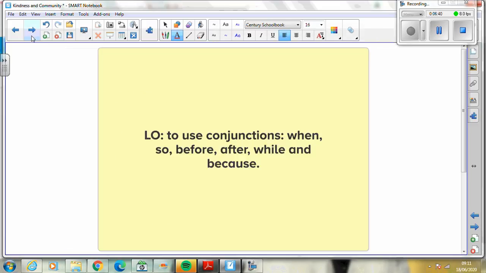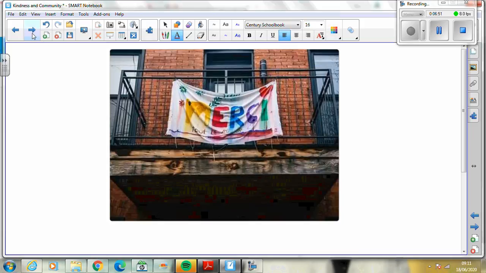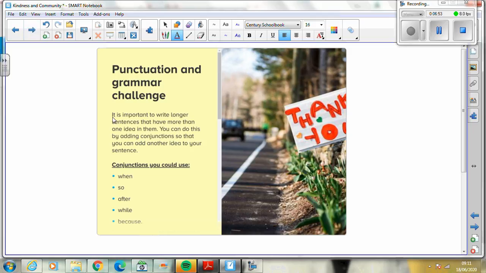The next task this week, you're going to be using conjunctions: when, so, before, after, while, and because. So it's important to write longer sentences that have more than one idea in them.